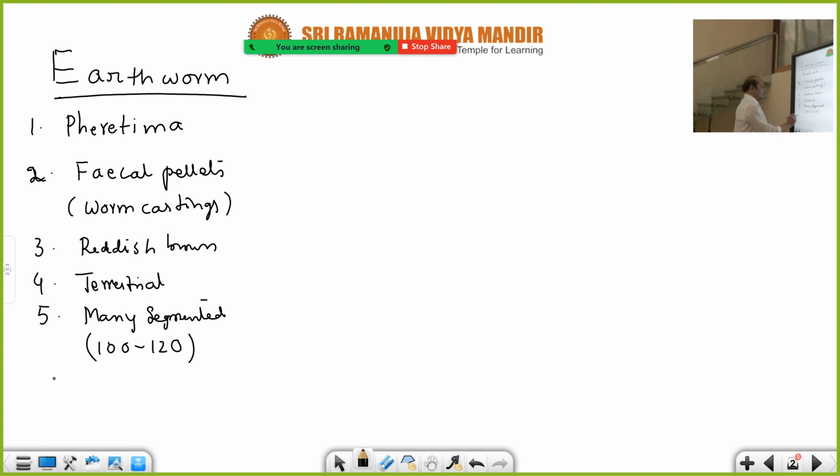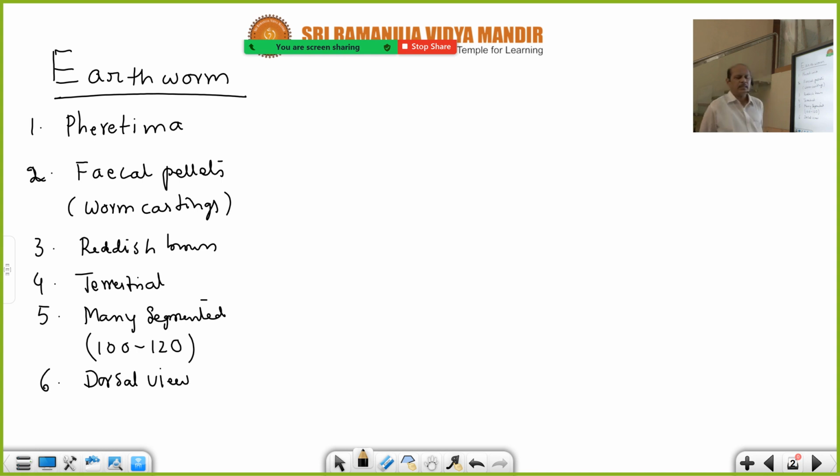Can any one of you say how the dorsal view of the earthworm can be identified? Very important point. When you take the earthworm into your hands and a teacher asks you to show the dorsal view and ventral view, how can you show that this is dorsal and that is ventral? Any one of you?